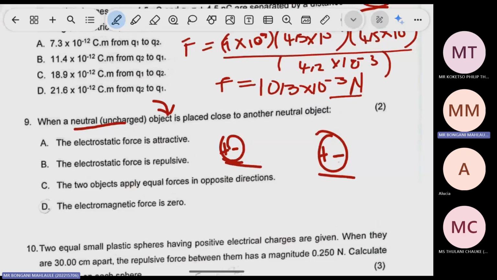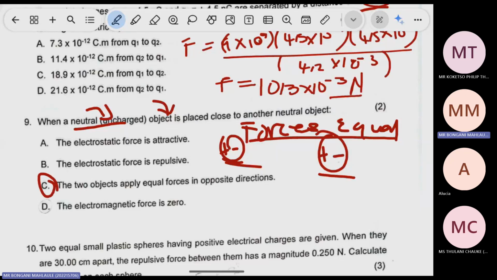If these objects are equal, it means their forces are equal as well, right? That's what it means when they say these objects are neutral. So the answer is letter C, because this one is the only one saying the two objects will apply equal forces in opposite direction. So they'll repel each other.